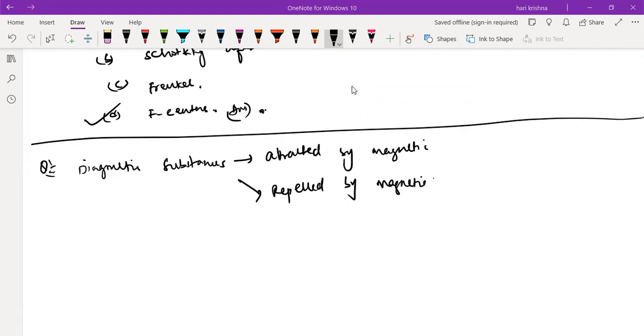Good, Vishwanath. It will be repelled by the magnetic field. If you place the diamagnetic substance in the magnetic field, it will be repelled by the magnetic field. Okay.